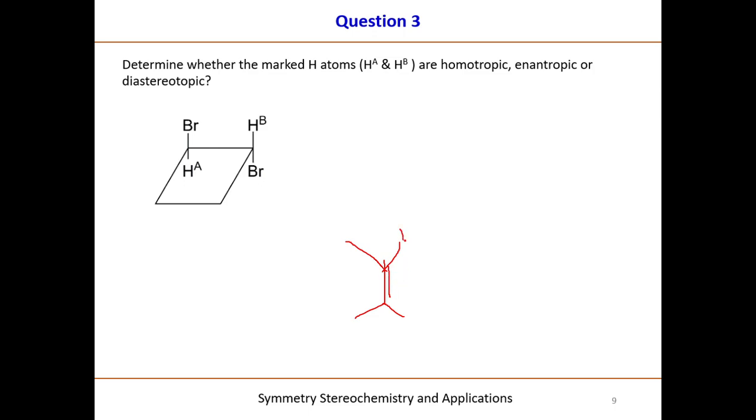Here we have two hydrogens, HA, HB. Okay, and here one Cl atom and then hydrogen. Now we will interchange HA and HB by a chlorine atom. So first we will replace HA by a Cl group.